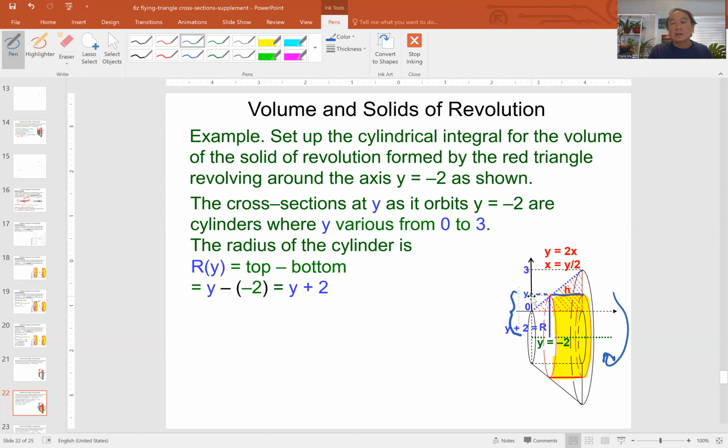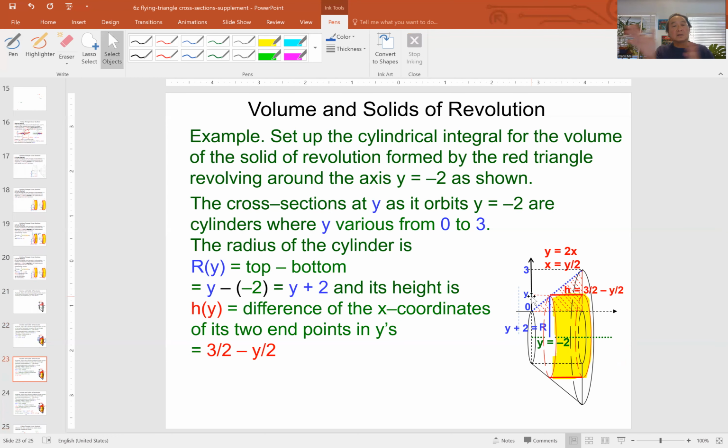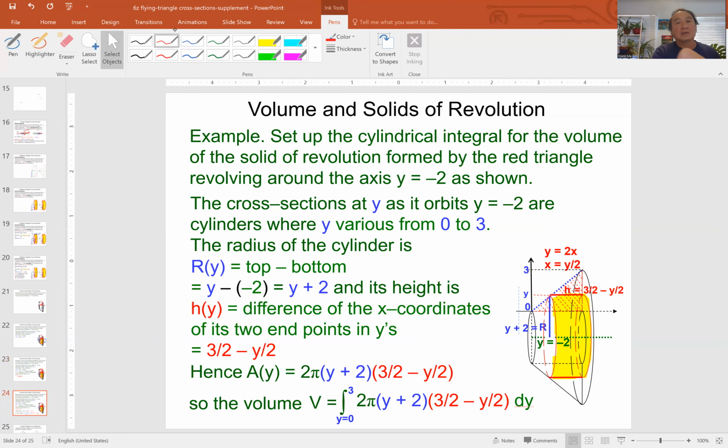Then the height is a difference in the x coordinate. Here x must be 3/2, and here by the function the x coordinate is y over 2, so you subtract them. The surface area of that cylinder is 2 pi r h, and put that as the integrand, and that's it.